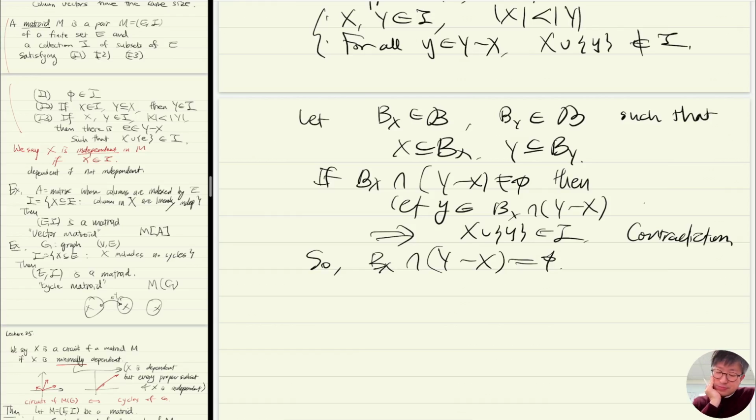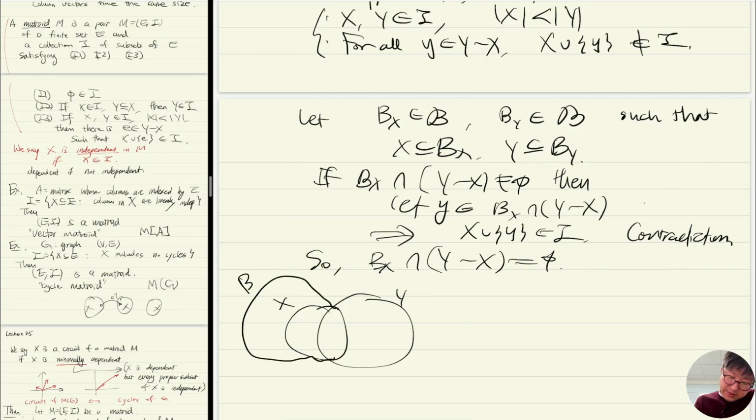Okay, so here's an x, here's y, and here's a bx, and the by, maybe by looks like this. All right, I mean they have the same size.